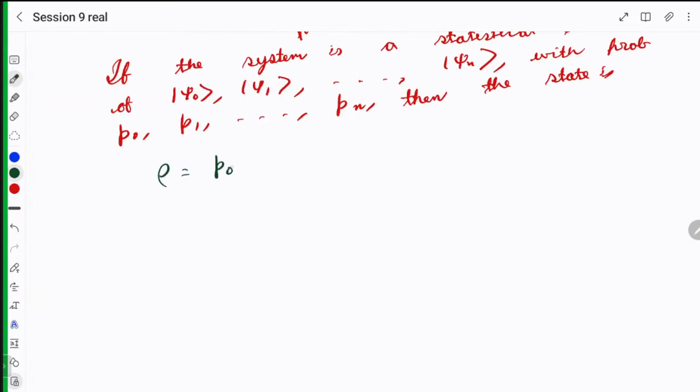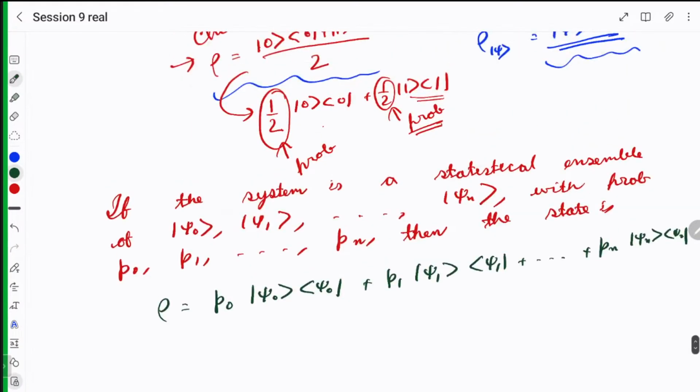So it would be P0 psi 0 psi 0 plus P1 psi 1 psi 1, and so on up to Pn psi n psi n. Okay, and if you just compare with this, then you see that this half is nothing but P0 and this half is nothing but P1. And there are only two terms here.